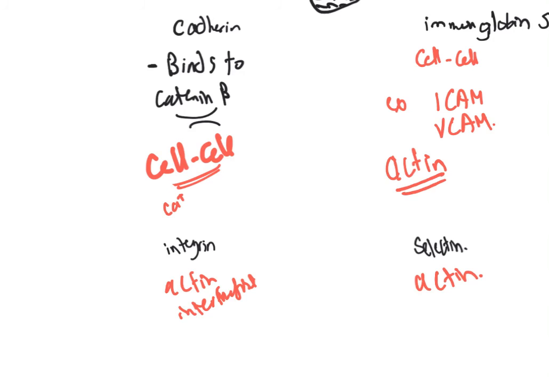It depends on actin. Okay, so for integrin, this one is the most common one if you're talking about cell to extracellular matrix adhesion. Okay, and as I mentioned, the cytoskeletal partner is actin and intermediate filament.